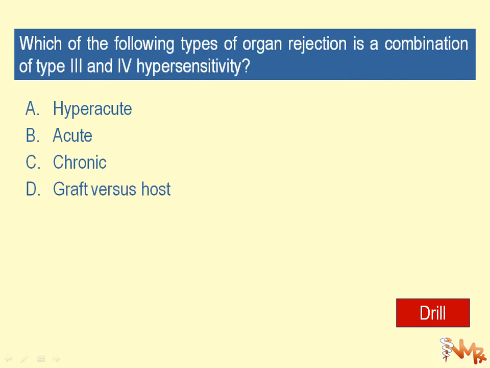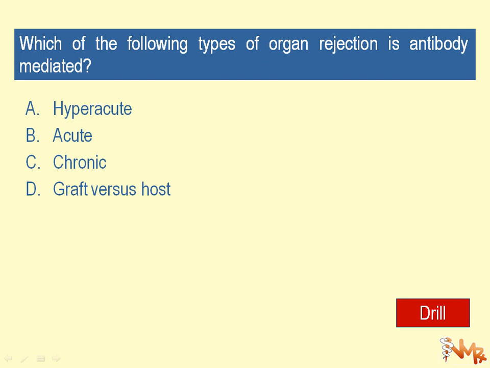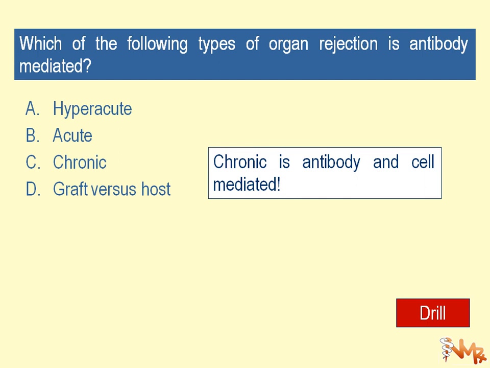Which of the following types of rejection is a combination of type 3 and type 4 hypersensitivity? This is the chronic type. Which of the following types of organ rejection is antibody mediated? That one is the hyperacute type. I want you to know that chronic is both antibody and cell mediated.